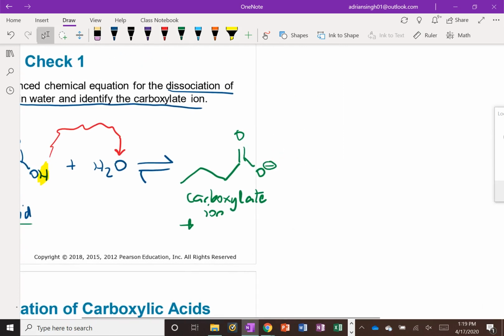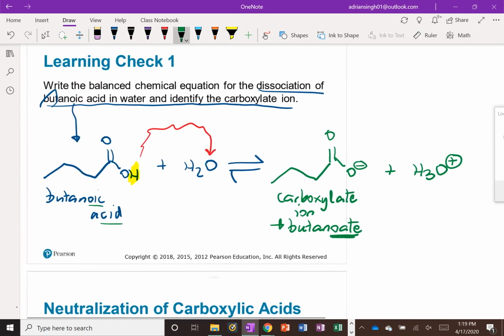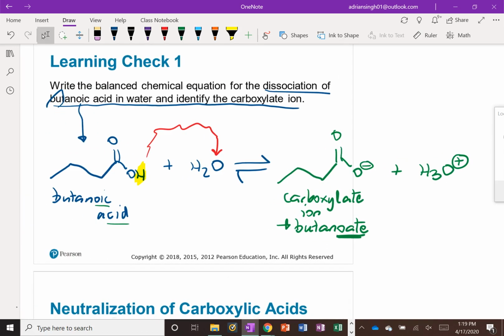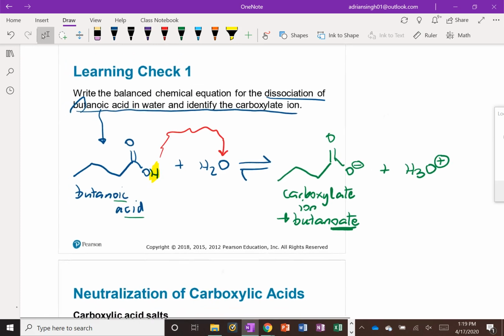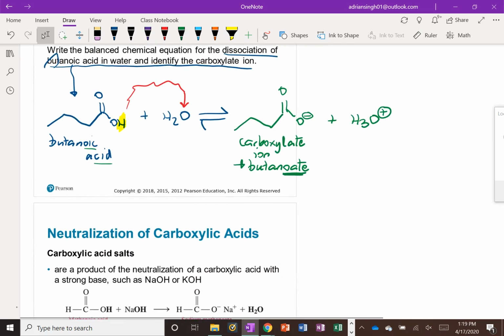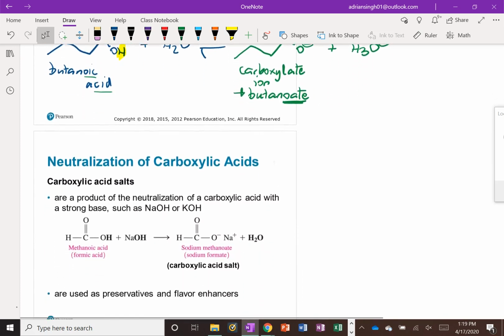It becomes butanoate. And then don't forget that we also produce the H3O+ as the water gains a proton. All right, and that's how your carboxylic acids are going to exist in solution, right? They actually exist as the carboxylate ion.